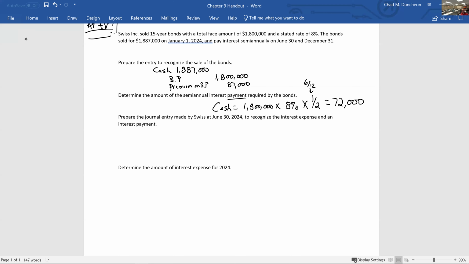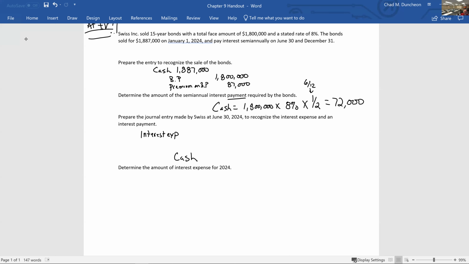Okay, so now our next one. Prepare the journal entry made by Swiss on June 30th to recognize the interest expense and the interest payment. So we're going to have a debit here to interest expense, then I'm going to skip a line. Then we're going to have a credit to cash. When we make this entry though, we also need to look at if we have a discount or a premium.